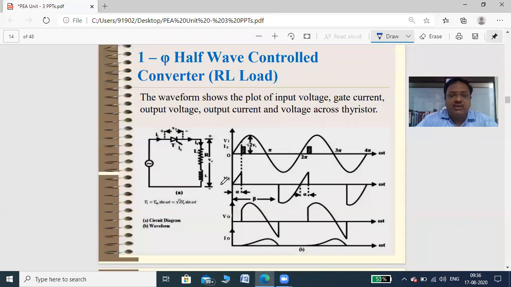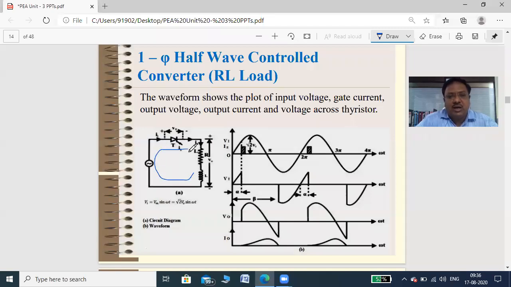Then the single phase half wave controlled rectifier for RL load. We have already seen what happens with an RL load. The inductor stores energy in its magnetic field during the on state of the SCR, and when the SCR is off, the inductor starts to release the energy.